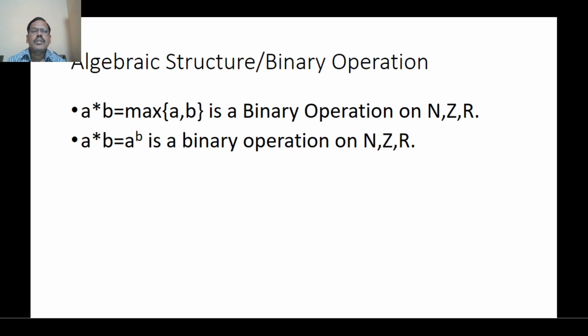So a star b equal to the maximum of a and b is a binary operation on the set of natural numbers, integers, and real numbers. Another binary operation is a star b equal to a to the power of b. It is a binary operation on N, Z and R. Suppose 2 star 3 is equal to 2 cubed, which is 8, a natural number as well as an integer and a real number. 10 star 2 is 10 squared, 100, also a natural number, integer and real number.